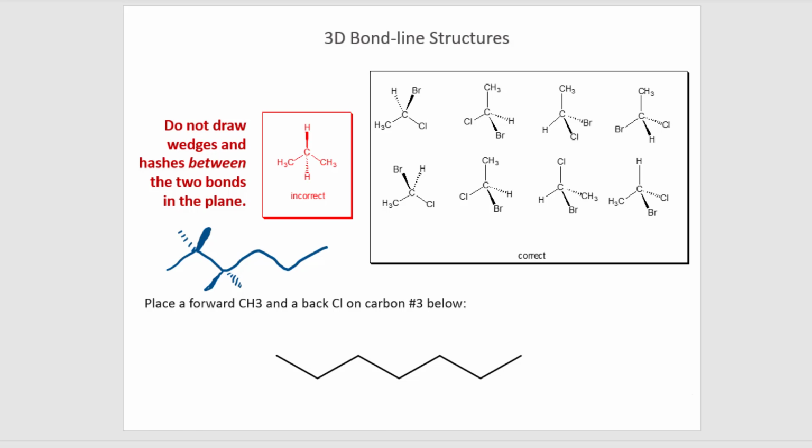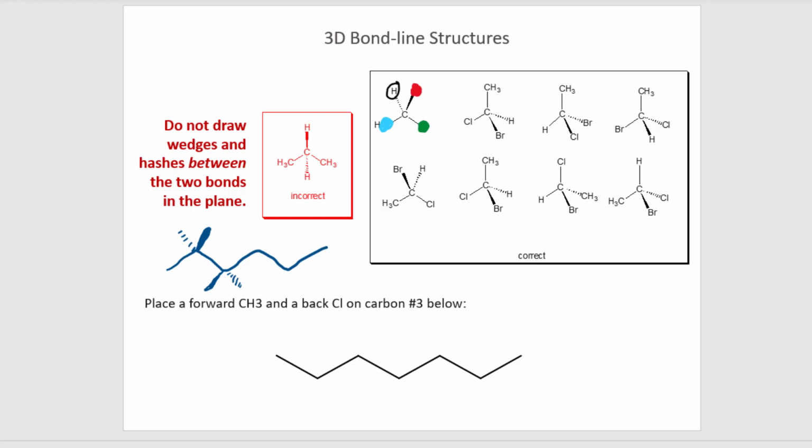Okay, here we have an example of a molecule where you have a tetrahedral carbon with a bromine, chlorine, hydrogen, and methyl. We represent the bromine in red, the chlorine as green, the carbon as blue, and the hydrogen as white.